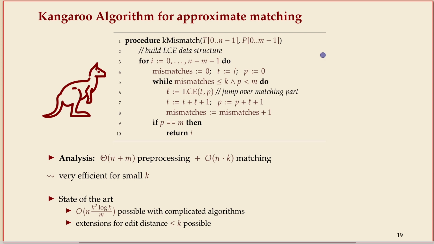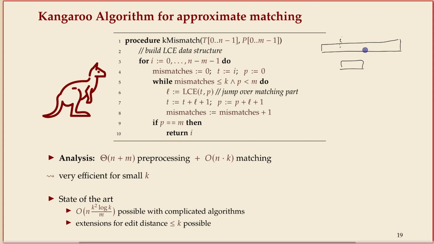So how does it work? You have your text and your pattern. It has aspects of the naive string matching algorithm, the brute force algorithm, in that it goes through all positions in the text where the pattern could occur, so all guesses.